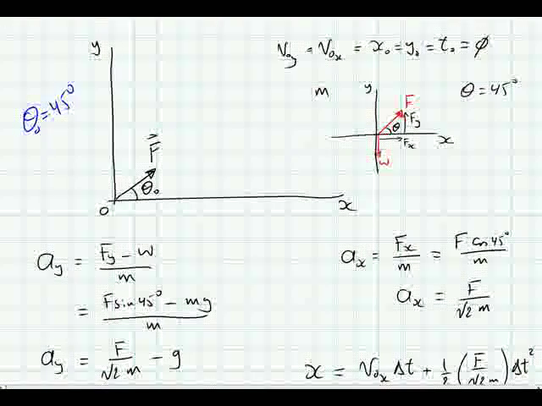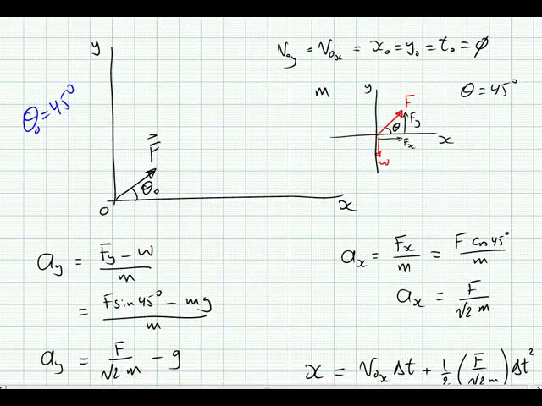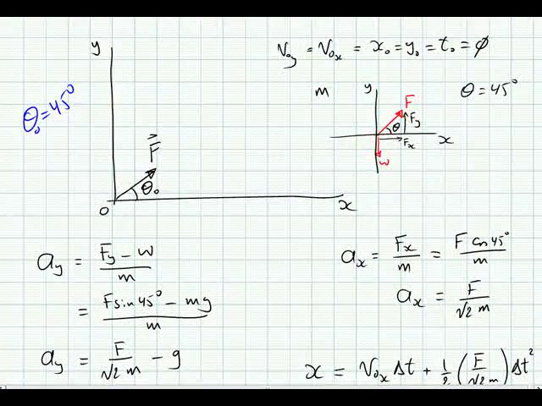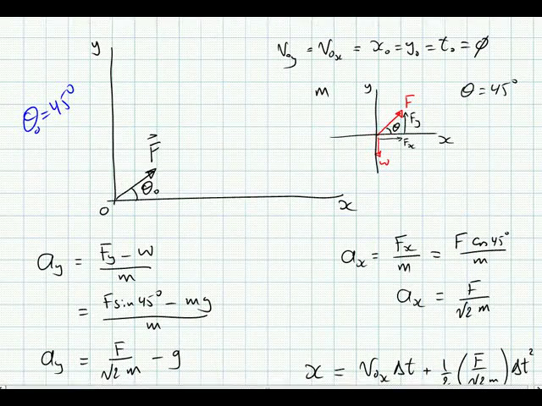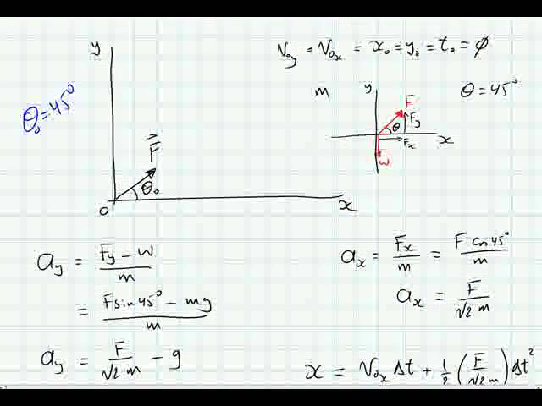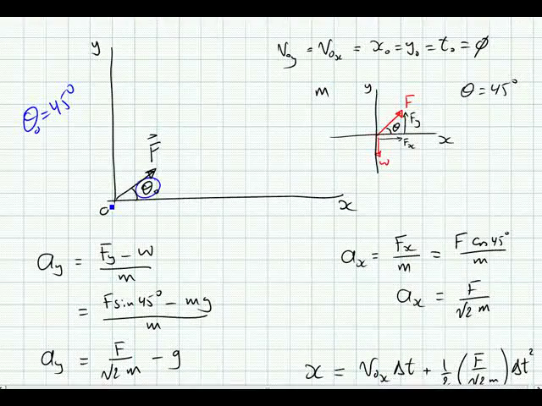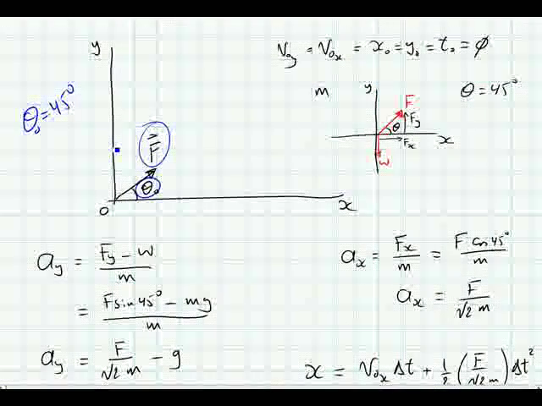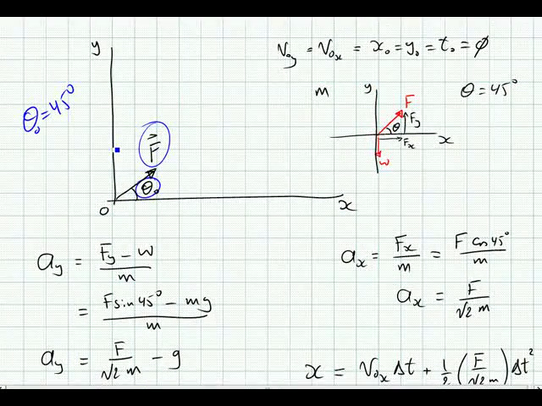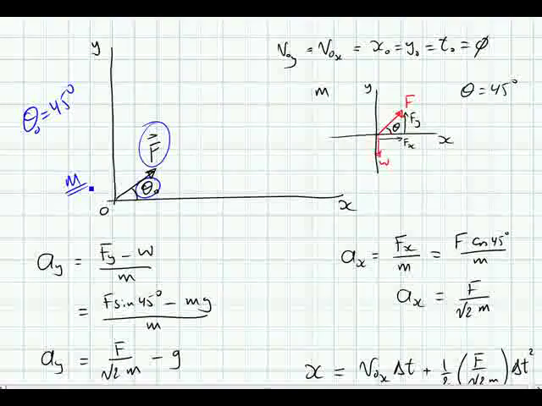Okay, let's take a look at another example here. We have an object which is launched at theta degrees with respect to the x-axis, and there is a force F acting on the object, and let's say the object has a mass m.